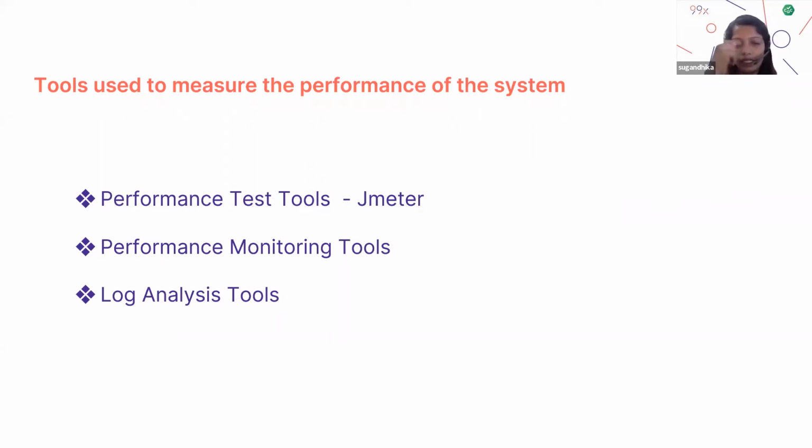So the first one is the performance monitoring tool. Most of you might have experience with tools like AppDynamics and App Insights. These tools are used to check the application level performance.